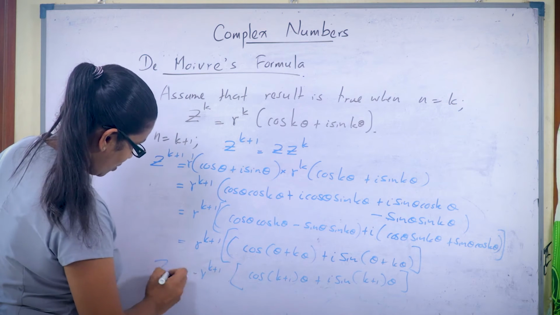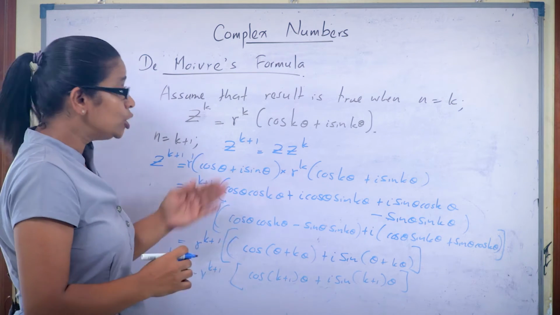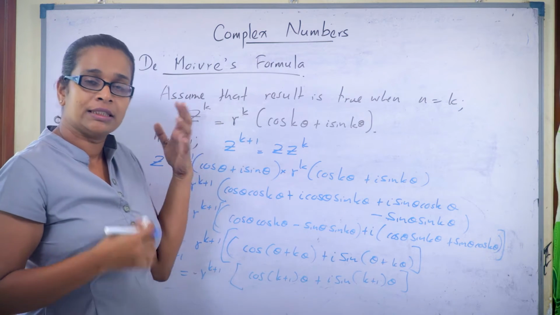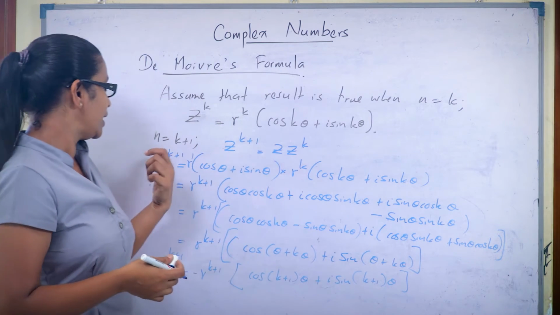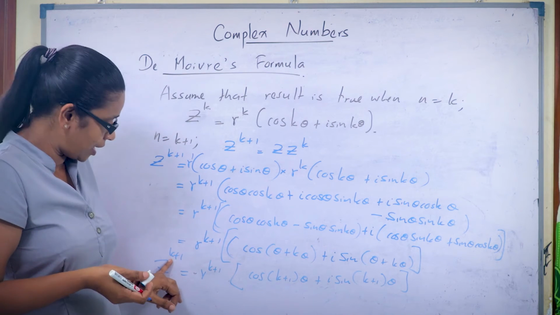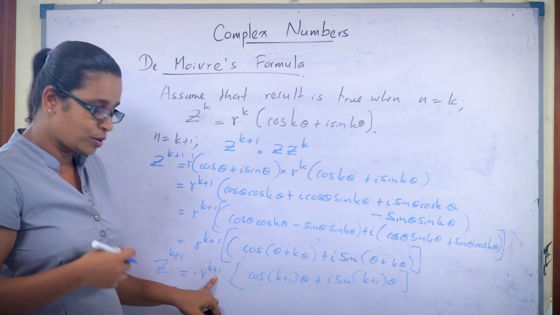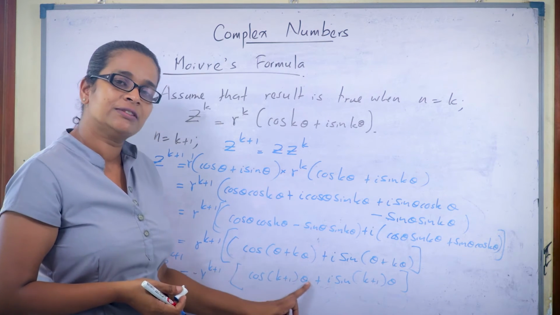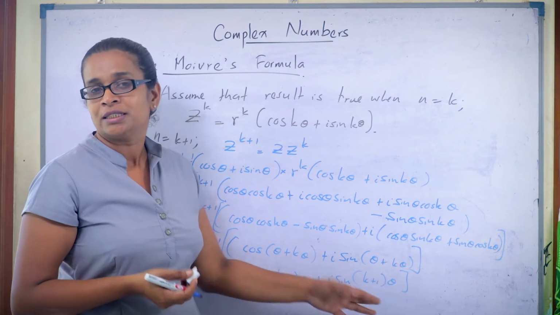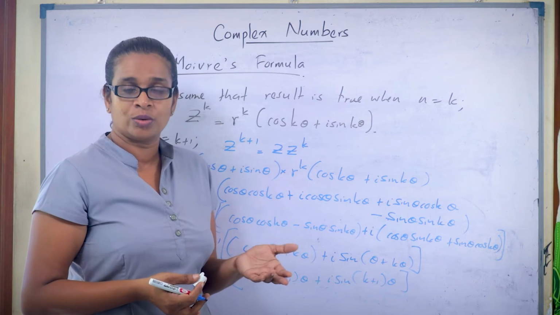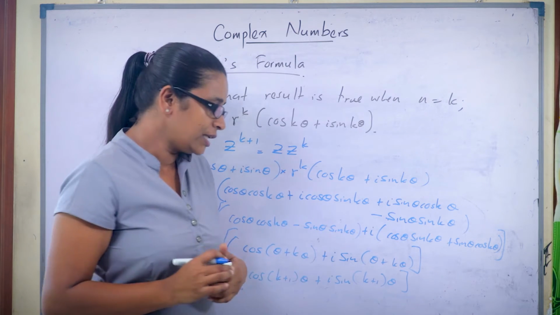Now I have proved that using the assumption, this result is true when n equals k plus 1. Look at here, the power is k plus 1, then the power of r also becomes k plus 1, and here cos (k plus 1) theta, sin (k plus 1) theta. So I have proved that the result is true using mathematical induction.